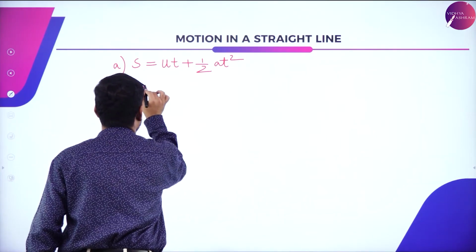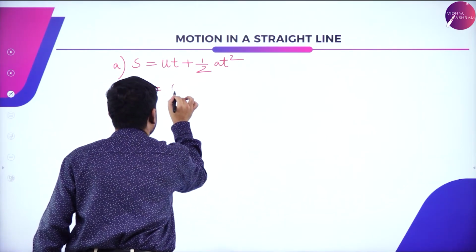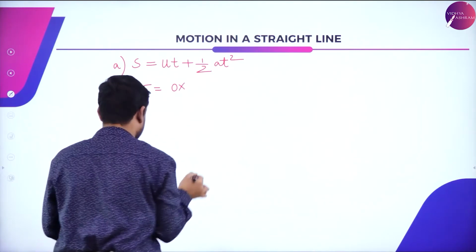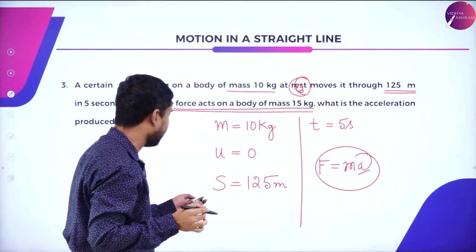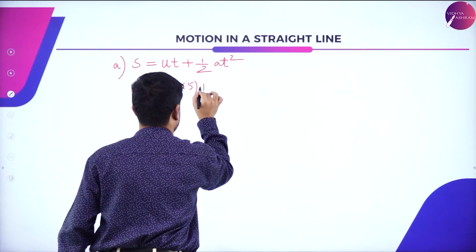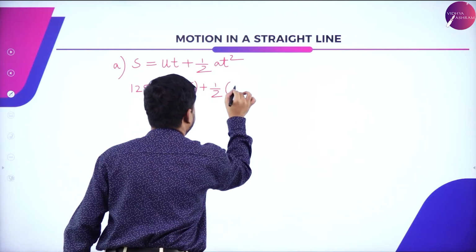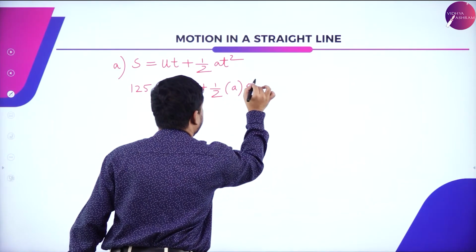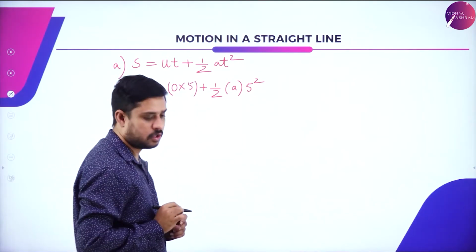So this is 125, u is 0, t is 5 seconds, plus half a into 5 square.